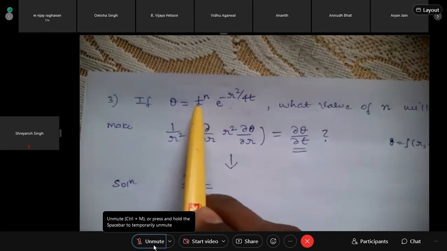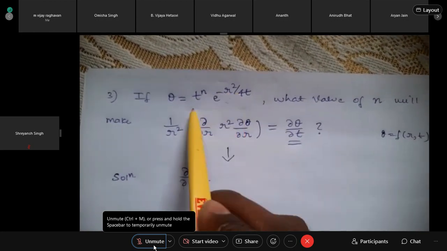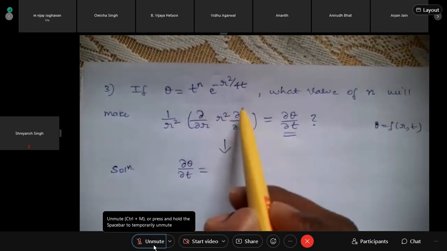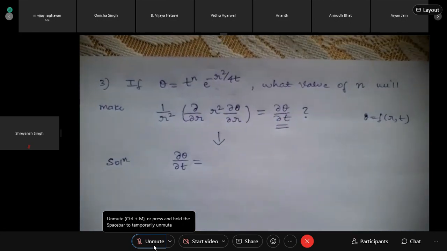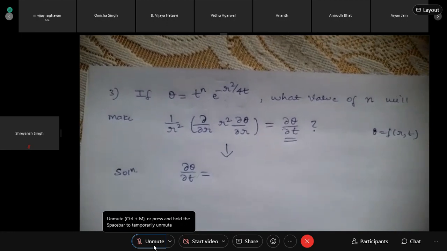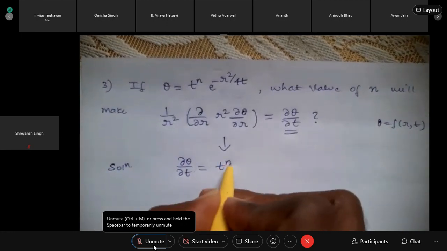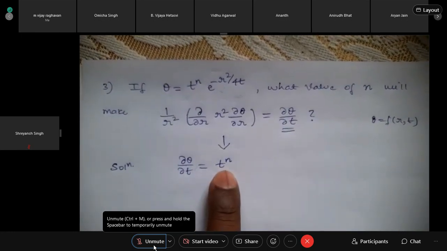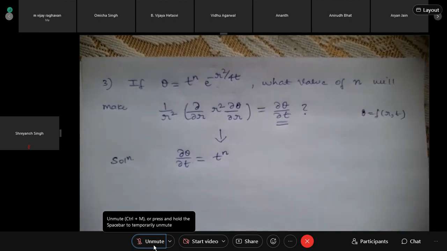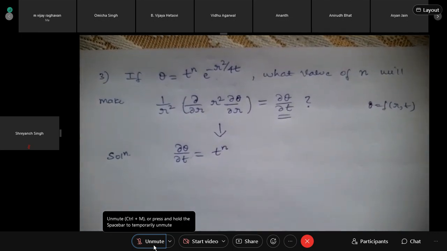Just say you have x power n and e power x. How do you differentiate that with respect to x? Product rule. Similarly, here also the product rule: first function t power n kept as it is, into the differentiation of the second one.